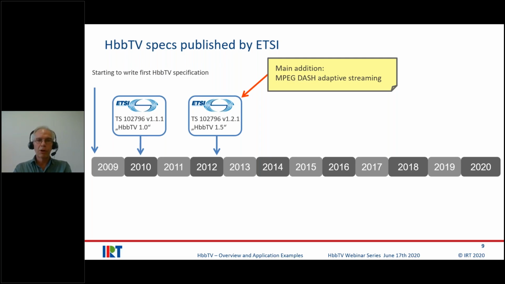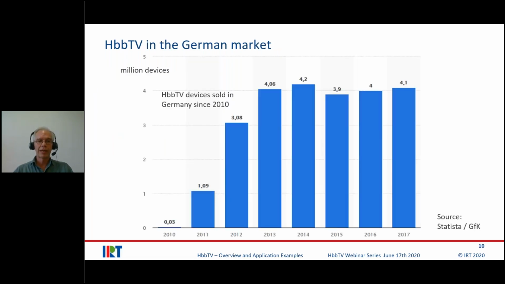And those early versions of the standard have been really the starting point for the big HbbTV success in the market. I can show you here a sketch showing the sale of HbbTV devices in Germany since 2010, and you see around 2011, 12, HbbTV arrived really very well in the market, and since then we see some 4 million HbbTV sets sold in Germany each year.